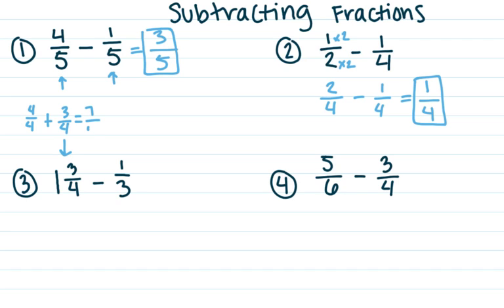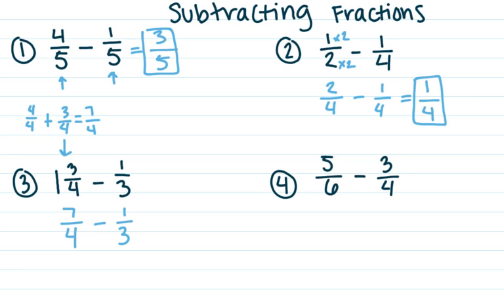The size piece is fourths. So this, as an improper fraction, is 7/4. Now, that doesn't help me too much because I still have fourths and I have a third. So fourths, 4 and 3, not the same denominator.